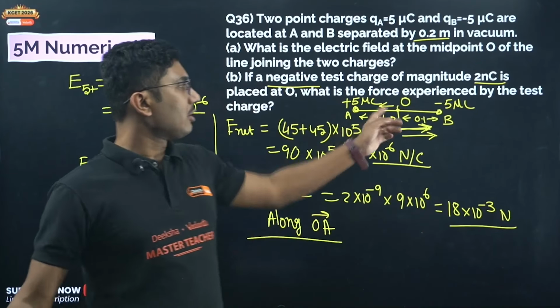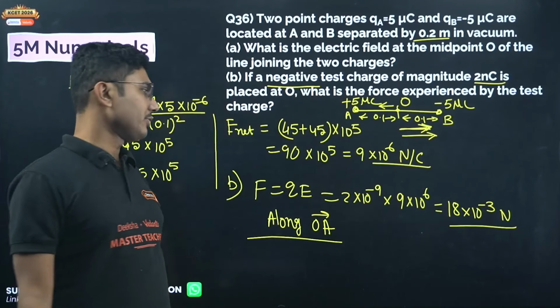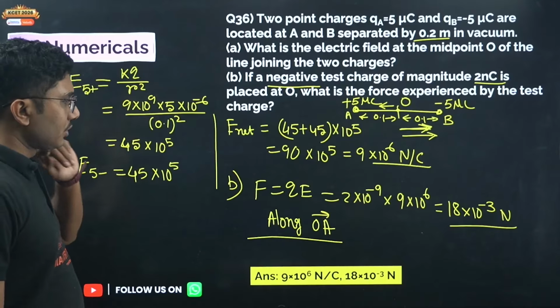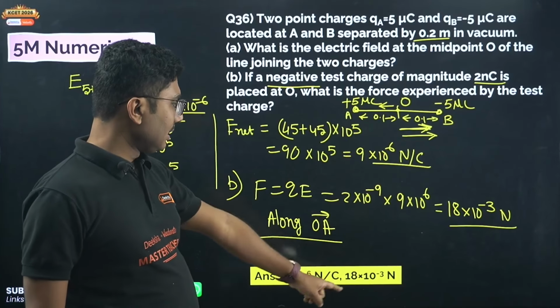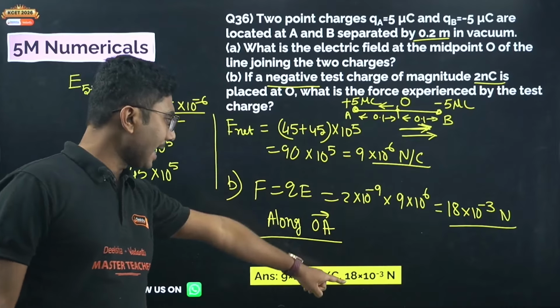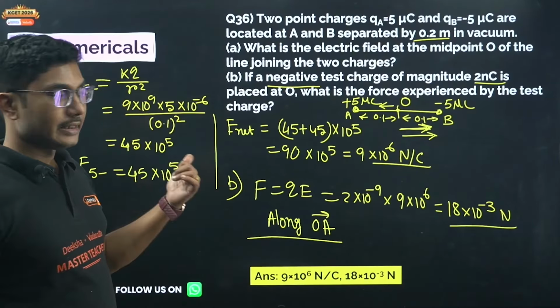Why along OA? Because the net electric field is in this direction. So the negative charge will experience a force in the opposite direction. So 9 into 10 to the power of 6 Newton per Coulomb is the net electric field and 18 into 10 to the power of minus 3 Newton is the resultant electric force.